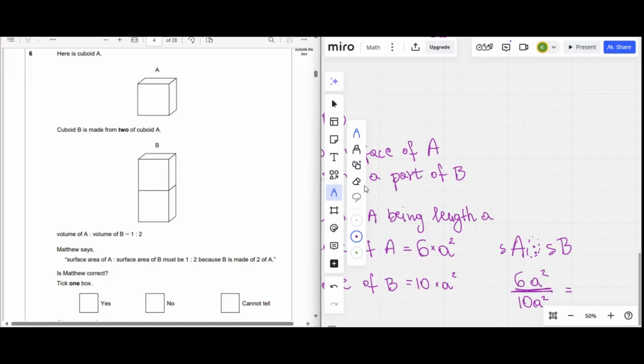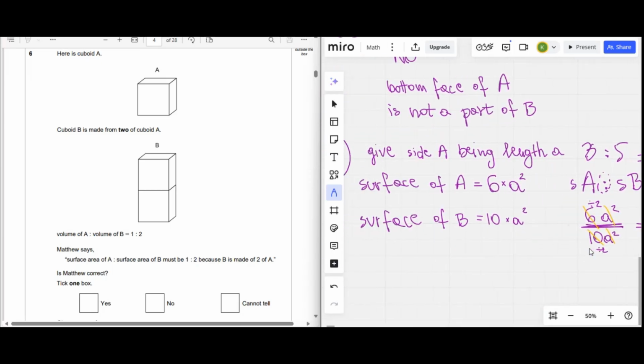We do that to simplify the A square, and 6 and 10. We can cancel them down. What's the common factor? 2. Divide by 2, divide by 2, and then we have 3 over 5. So we have the ratio being 3 to 5, not 1 to 2. So that's the algebraic way of showing that the ratio of surfaces is not 1 to 2, but it's different.